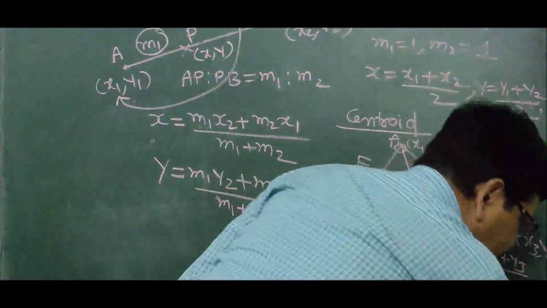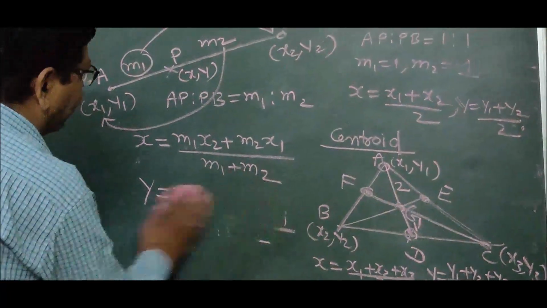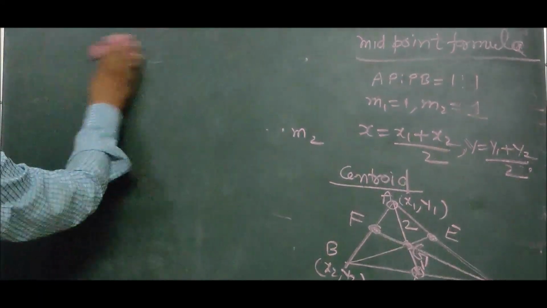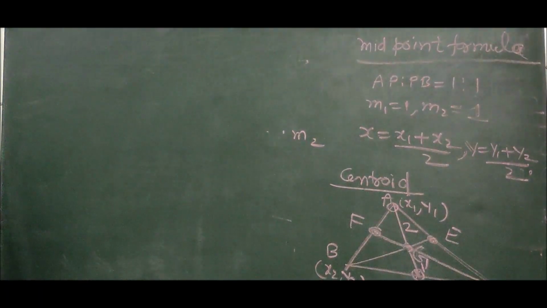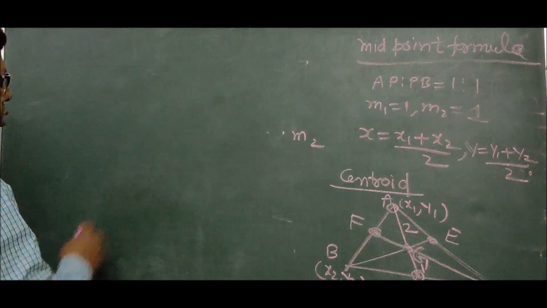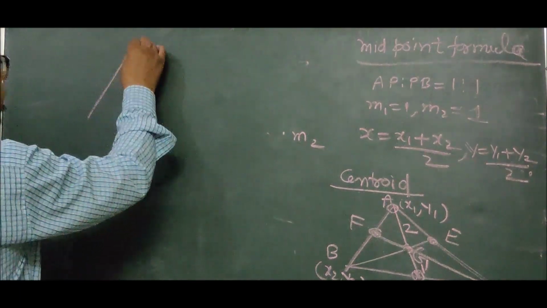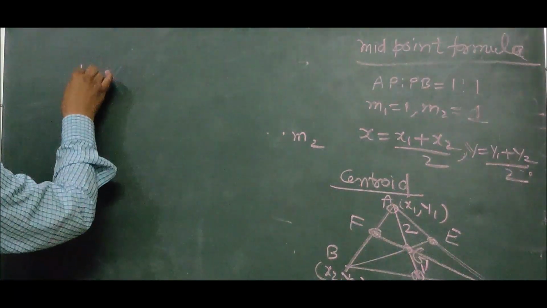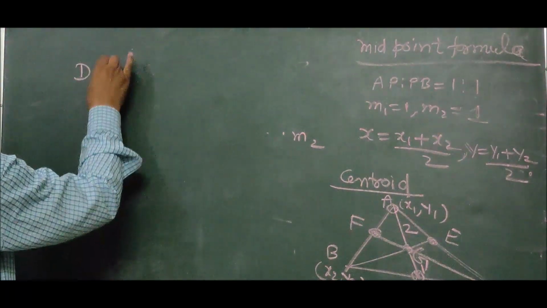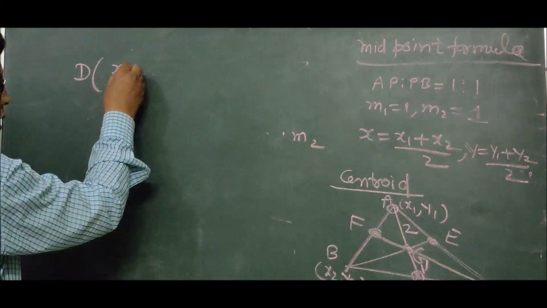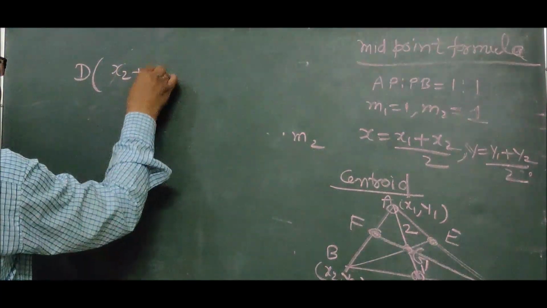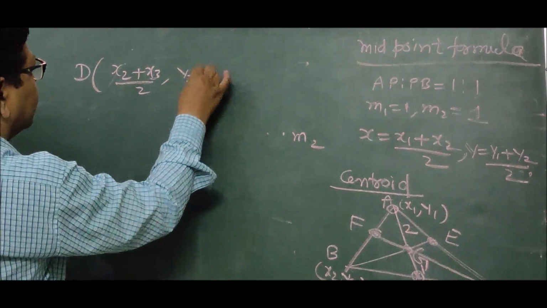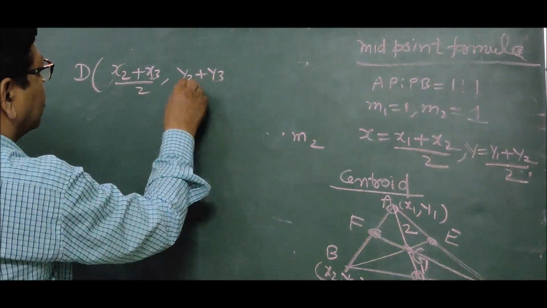Let us derive this formula. We can derive it very easily. D is the midpoint of BC. So the x coordinate of D will be x2 plus x3 upon 2, and y coordinate will be y2 plus y3 upon 2.